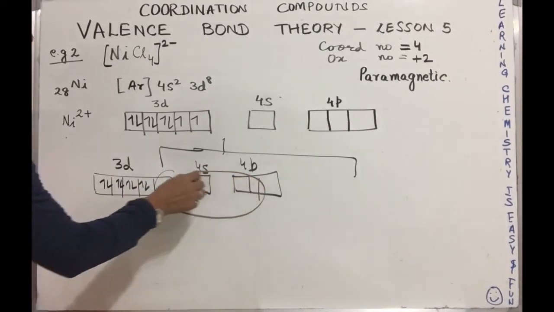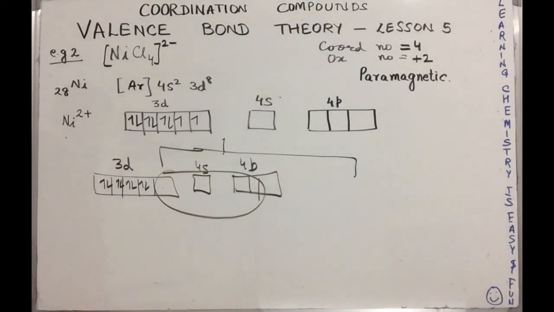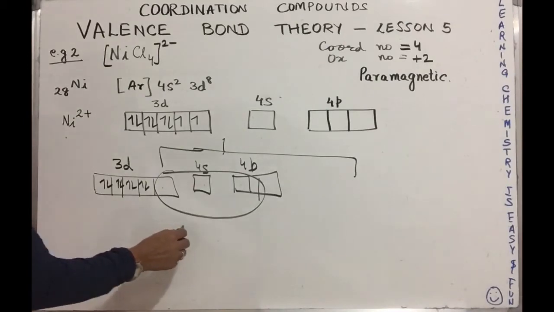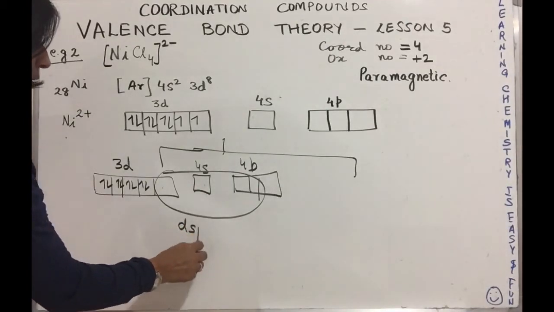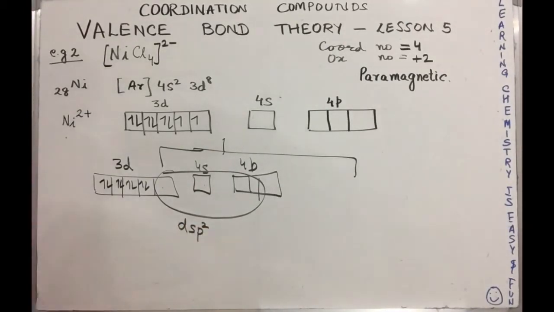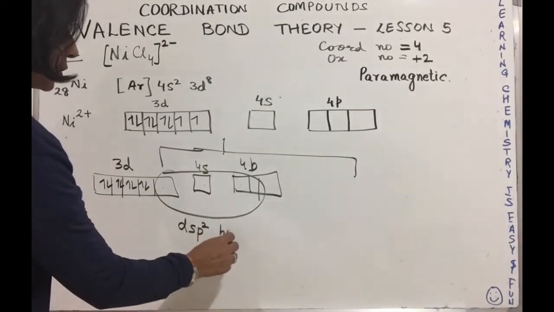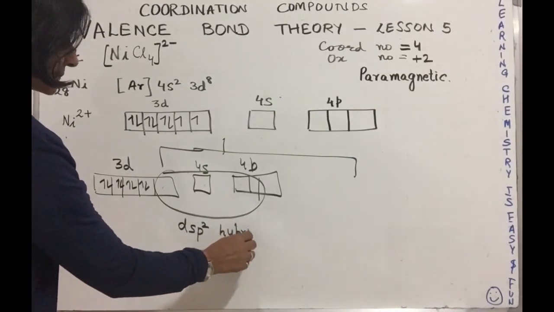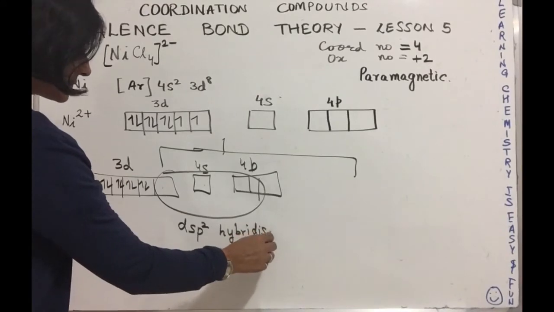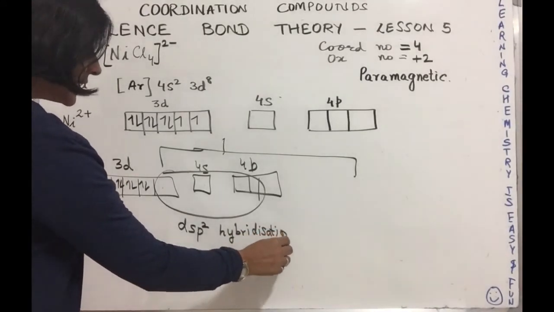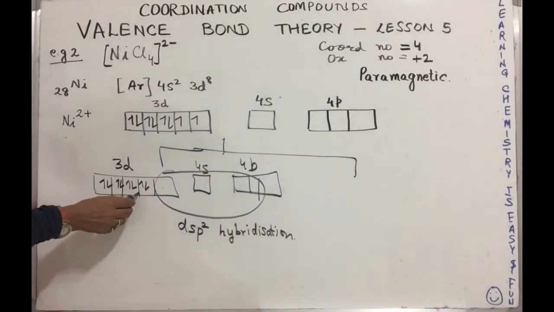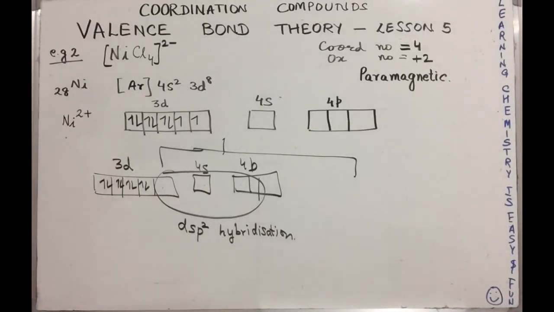These 4 coming together to form hybrid orbitals, in which case we would call it dsp2 hybridization, right? But that means it does not leave us with any unpaired electrons.